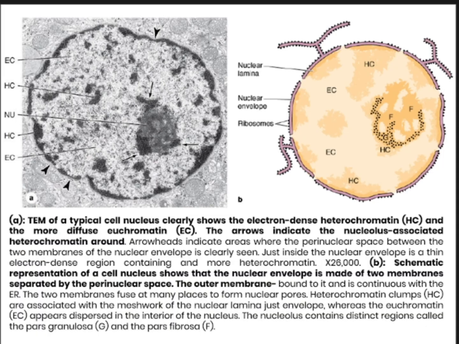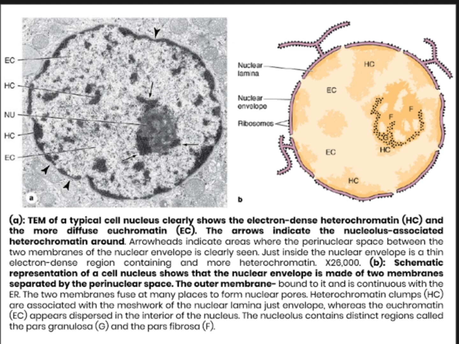Here is a micrograph, specifically a transmission electron micrograph of a typical nucleus, which clearly shows the heterochromatin, which stands for Hc, and the euchromatin, which is Ec. The heterochromatin is darker and electron dense.